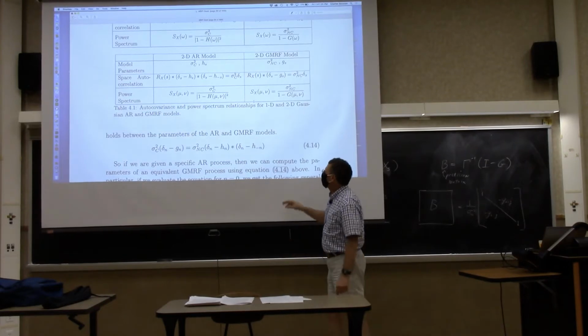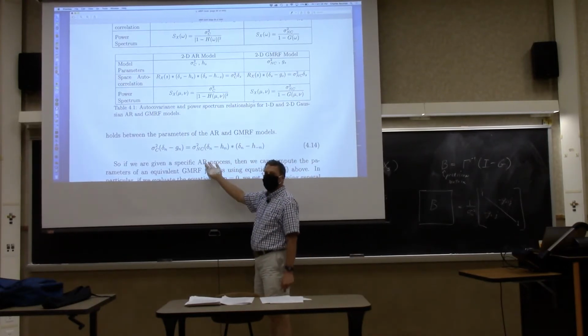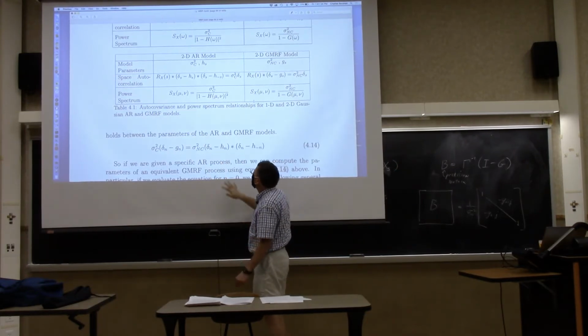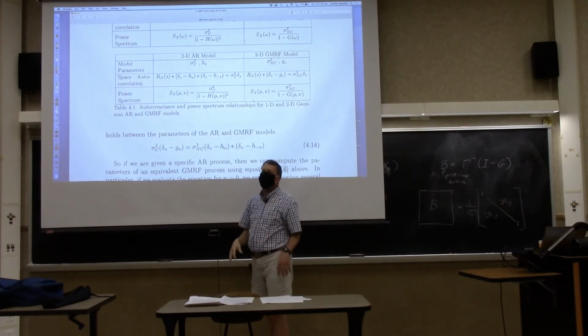So what does this equation mean? This relates the non-causal and the causal models. H here is the causal predictor. It's the minimum mean square error causal predictor. Think about it in 1D, because in 1D and 2D it's pretty similar, really.